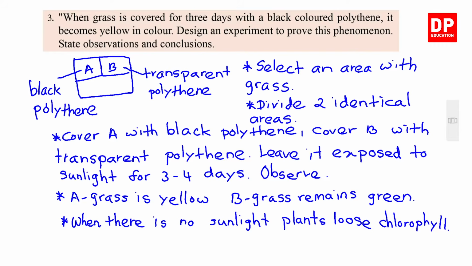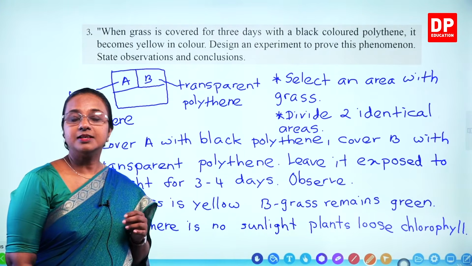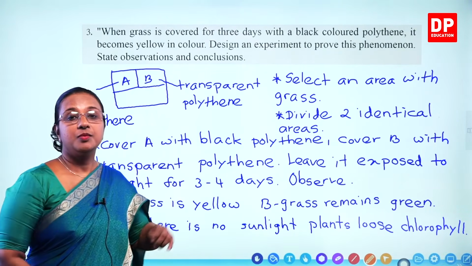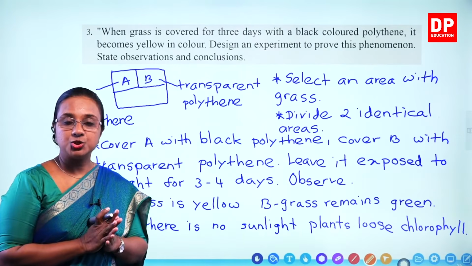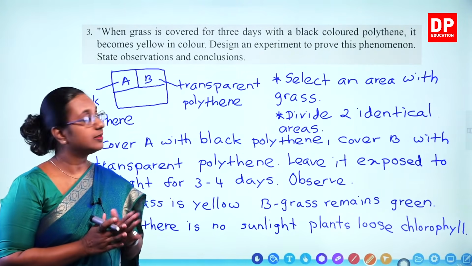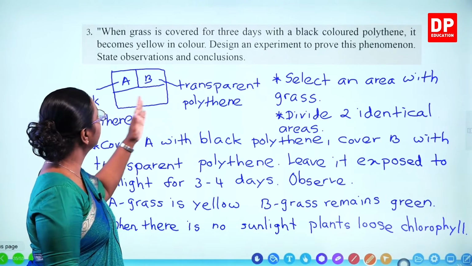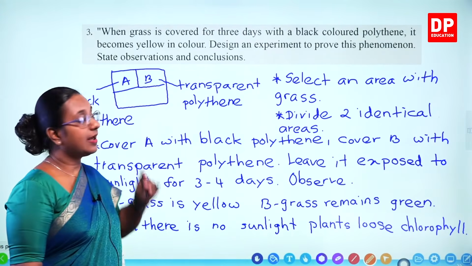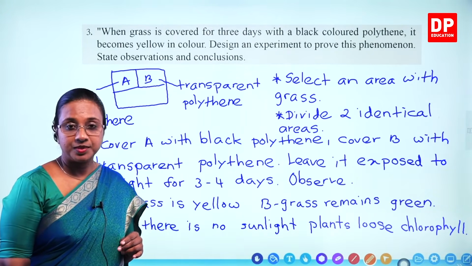So that is the conclusion. So students, this is a simple design of an experiment. When you are doing it, you have to make sure that except sunlight, all the other factors are provided equally to two sets of plants, set A and set B.